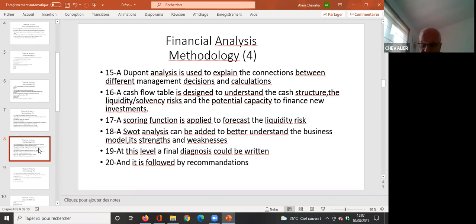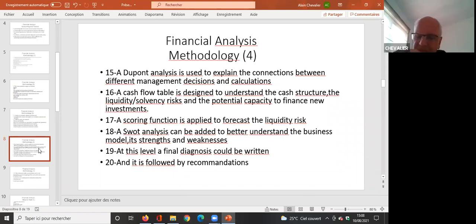Progressively it has been harmonized, and we have what we call a cash flow table generally, which goes from the sales level up to the modification of a cash position in the balance sheet. This is very, very useful to understand where the cash is coming from and where the cash is going, allocated, I would say.